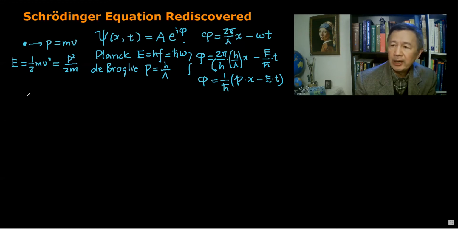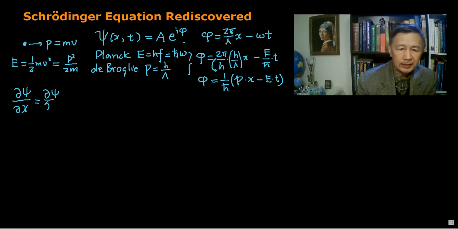First, we can work out the first derivative of psi with respect to x. Here we can simply use the chain rule: partial psi over partial phi, multiplied by partial phi over partial x. The first term will be A multiplied by e to the i phi.